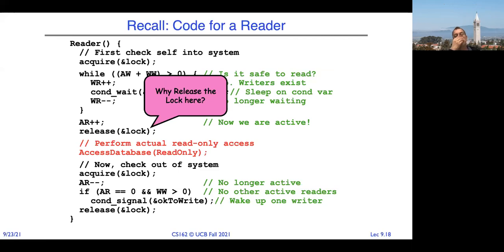So one question here is why you release the lock there. Why don't you hold the lock all the way to the end? Why is the access to the database not part of the critical section here?